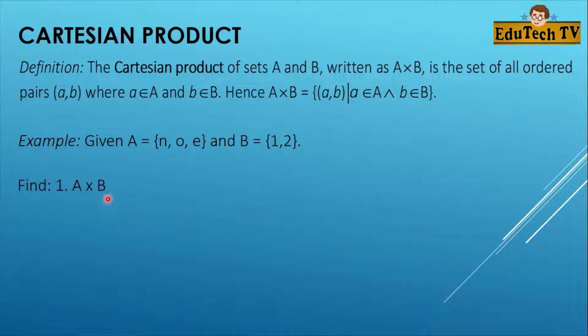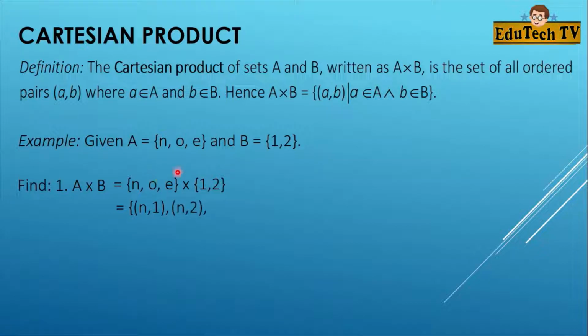Now if we're going to find the product of A and B, or A times B, we'll just have to write the elements of A times 1 and 2. Then what we're going to do next is to multiply each element in A to each element in B. So we're going to find N1, another element would be N2.